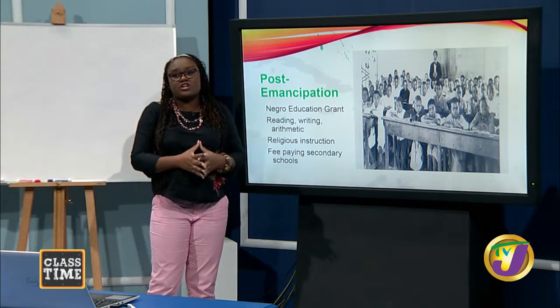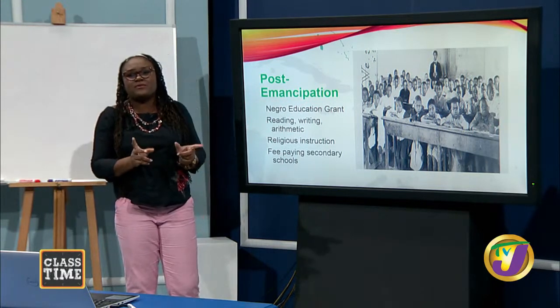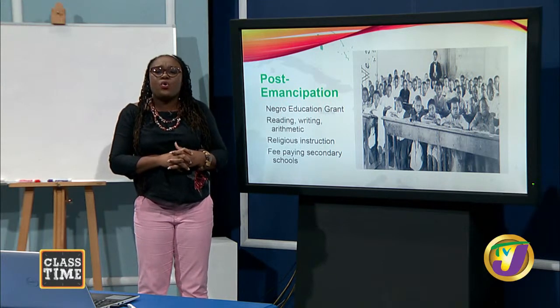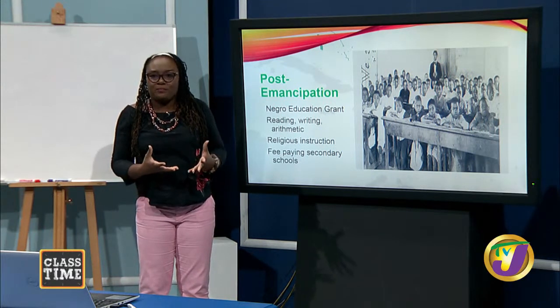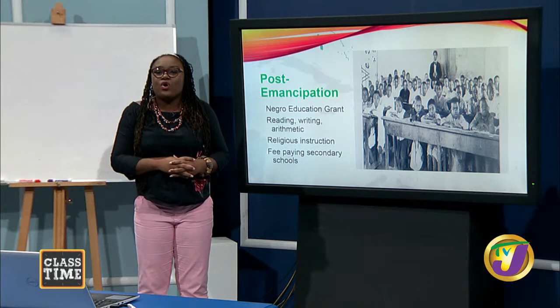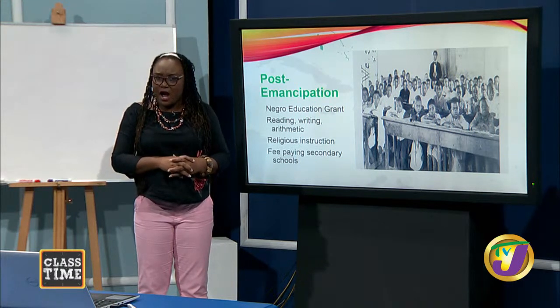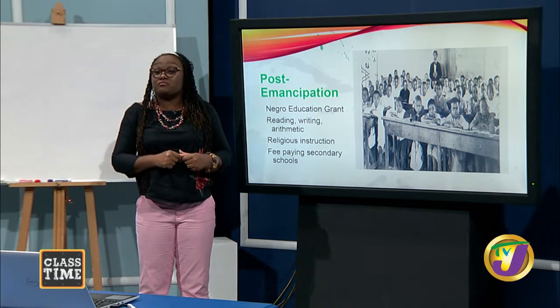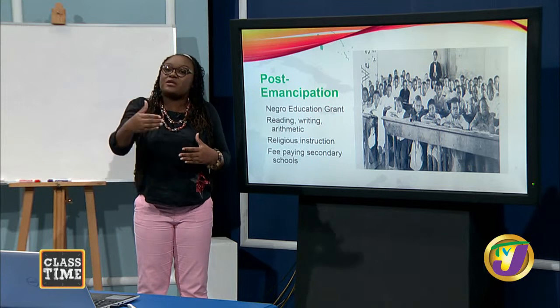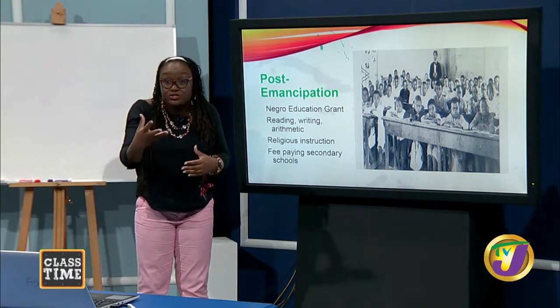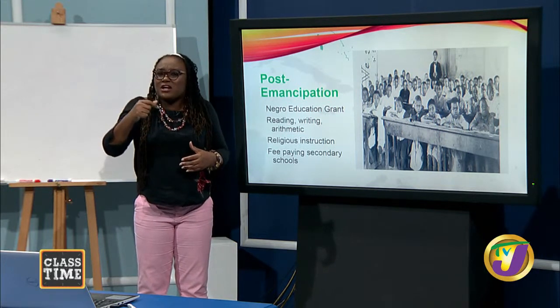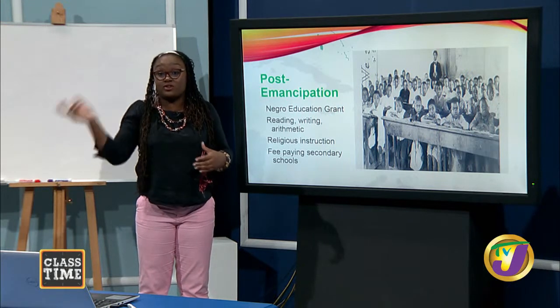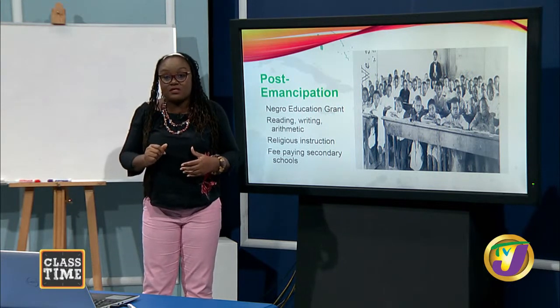The Negro Education Grant after emancipation was an attempt by the British government to allow these free blacks to learn a little bit of the elements, the three R's: reading, writing, arithmetic, and religion. So it established primary schools, elementary schools, not necessarily secondary or tertiary education, which was unheard of at this time.